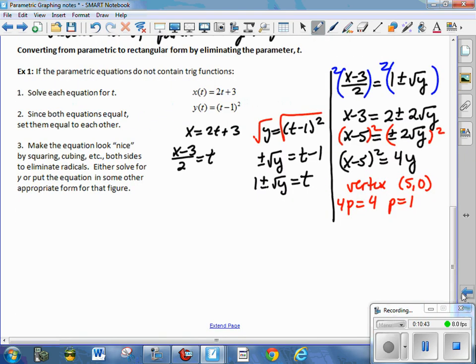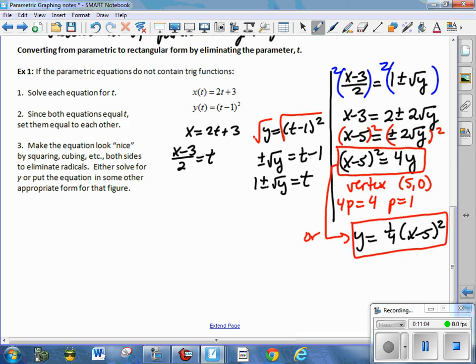It's an x squared, so it's opening in the y direction and so forth. So this would be one nice way to leave your equation. Or you could say y is equal to 1/4 times (x minus 5) squared, because that's also a nice way to leave the equation. So that would be fine as well. But basically clean it up, make it look like something typical for a parabola.